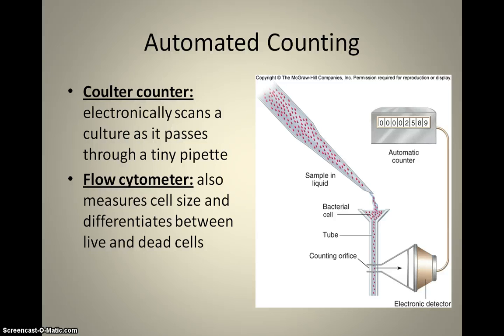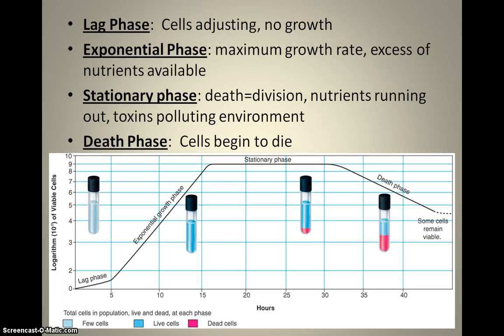Flow cytometers can differentiate between live and dead cells, which is important if we want to count how many bacteria are alive or dead, say if we're testing a drug. These are very expensive pieces of equipment and aren't realistic for the average lab, so they might not be available everywhere.